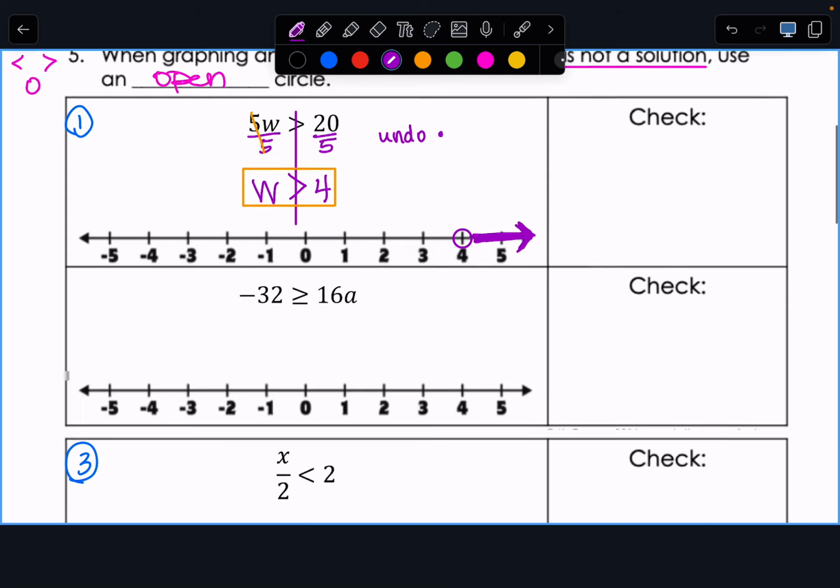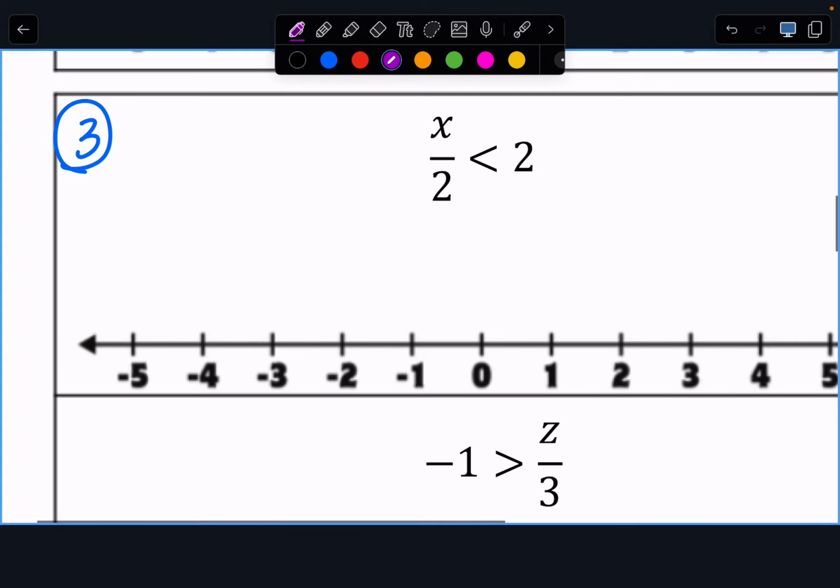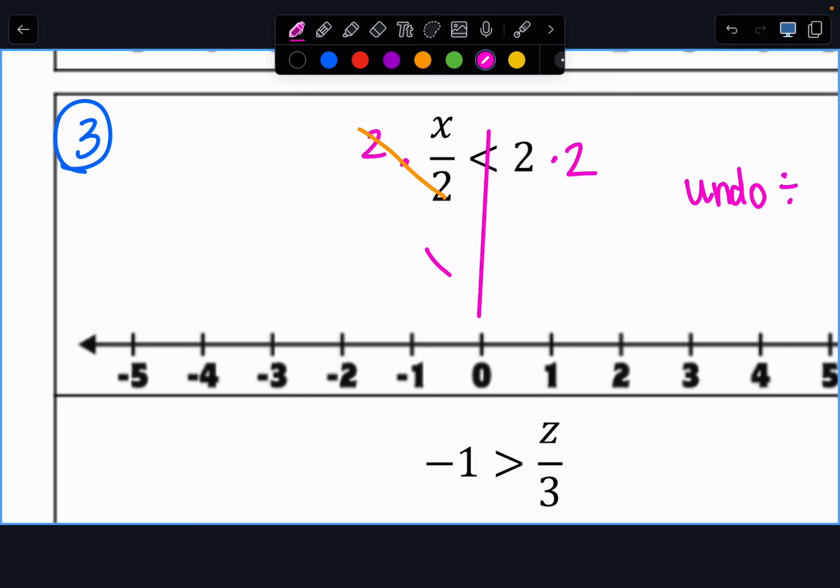All right, we'll come back to number 2. I want to know what happened in number 3. Olivia, what did you do to both sides? Ellie, why did she multiply by 2? x is being divided by 2, so to undo that division, Olivia multiplied both sides by 2 so that x is less than 4.